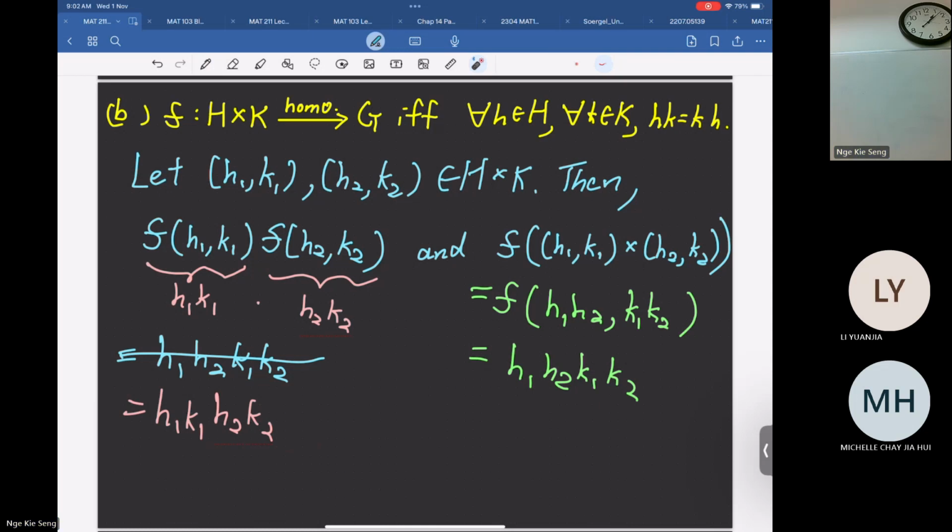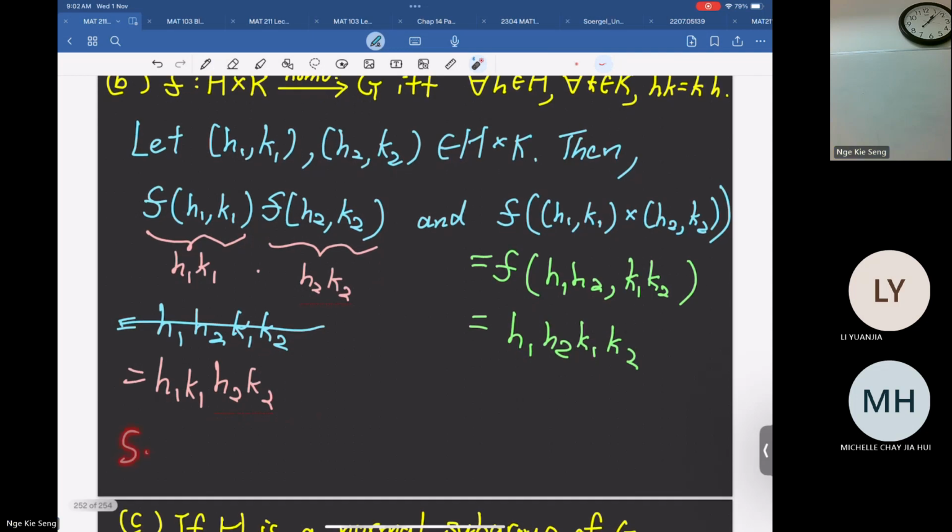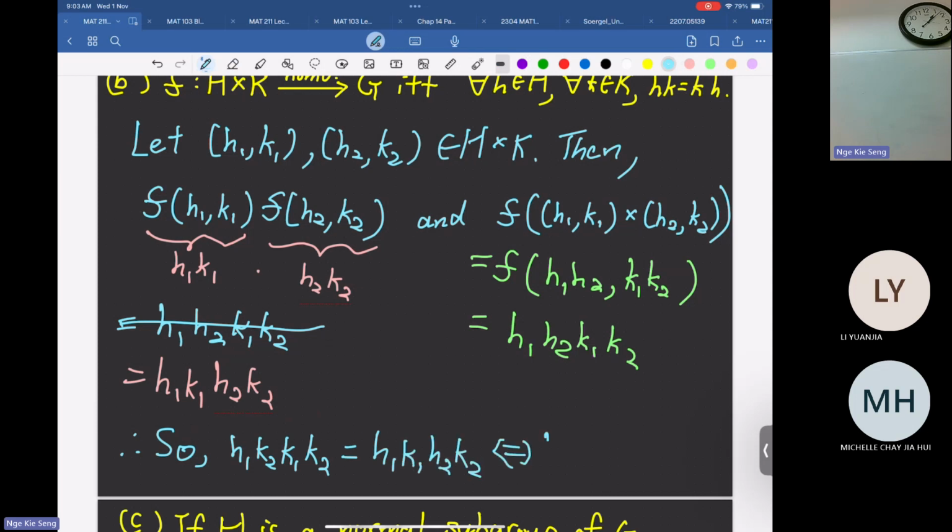But this has to be true for all the H2 and K1. So meaning all the elements have to satisfy HK equal to KH. So H1 K2 K1 K2 equals H1 K1 H2 K2 if and only if H2 K1 equals K1 H2.